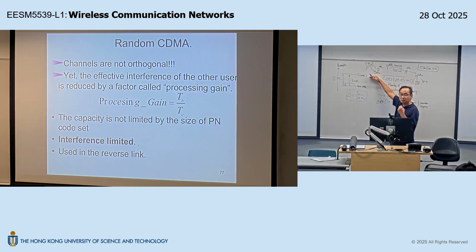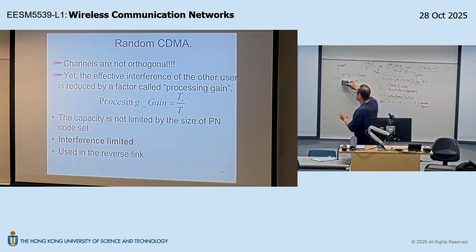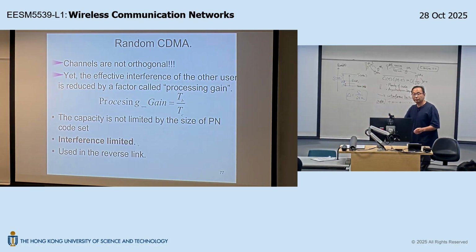But due to spreading and despreading, the actual interference power that will affect user 1 will be, again, the delta. So every time one user comes in, you contribute an additional delta, right? So every new user coming into the picture will increase the interference floor by a little bit of delta due to the spreading and despreading protection.